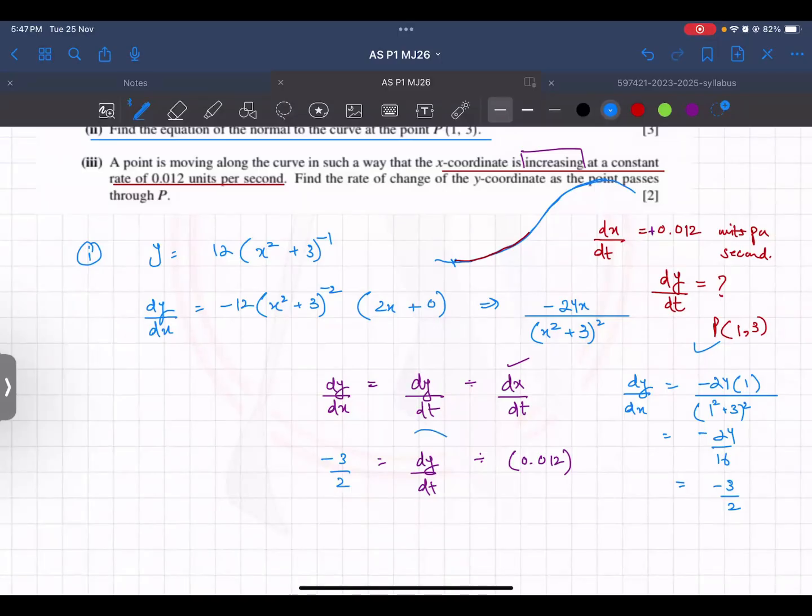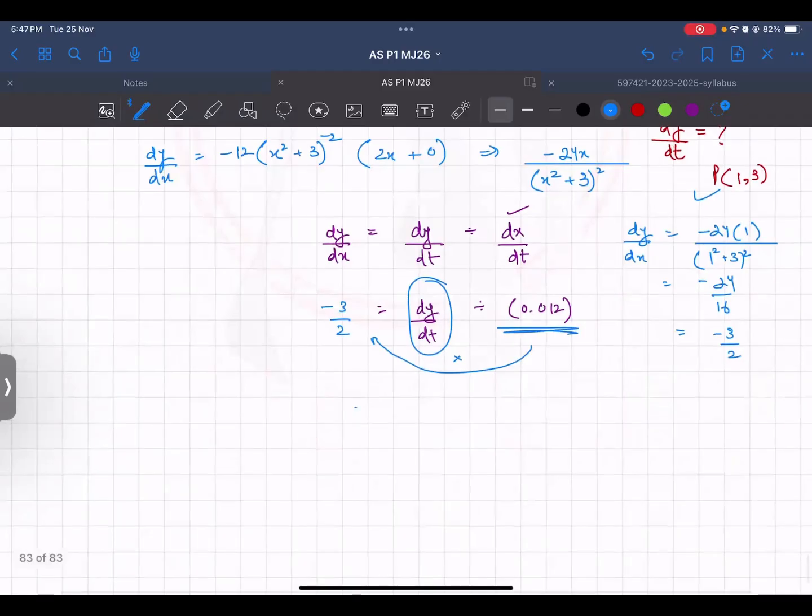And now you want to find this dy by dt. So this is dividing over here, it would go over there and multiply. This means that your dy by dt is equal to negative 3 upon 2 multiplied by 0.012.